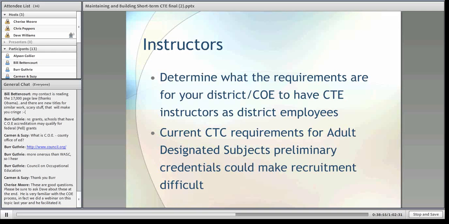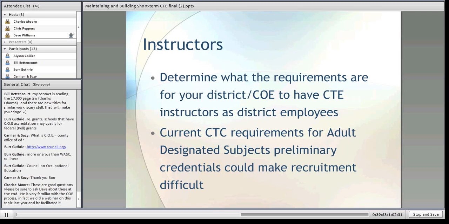One of the things that I've run into, and this has been most recently, County Office of Education, is what are they going to require in order for you to have how are you going to be able to pay them? Or are you going to have to see that they haven't already looked?